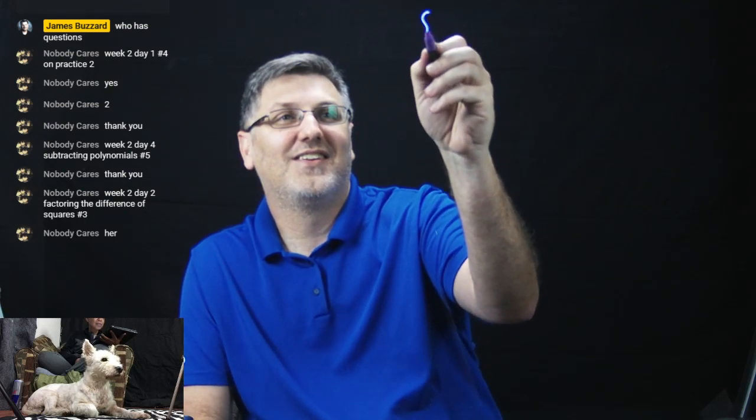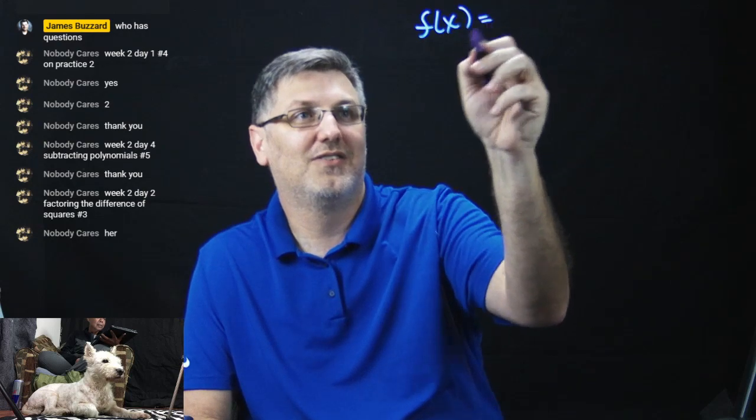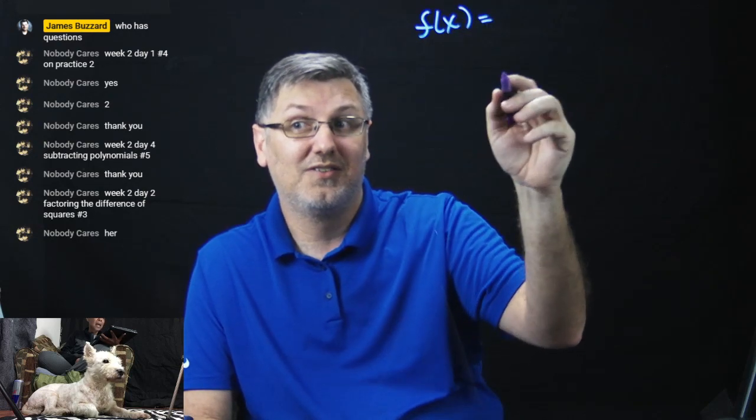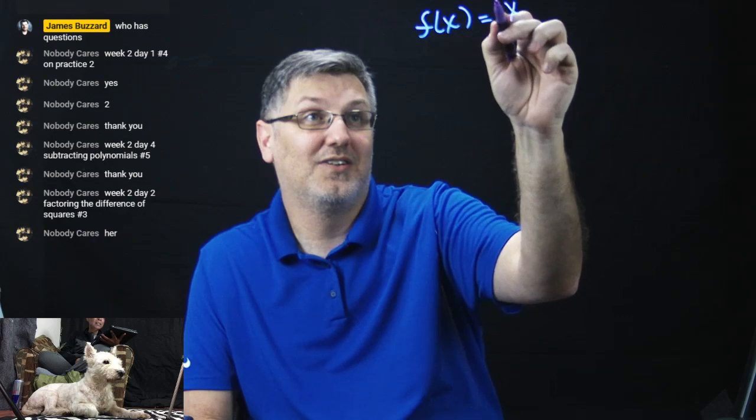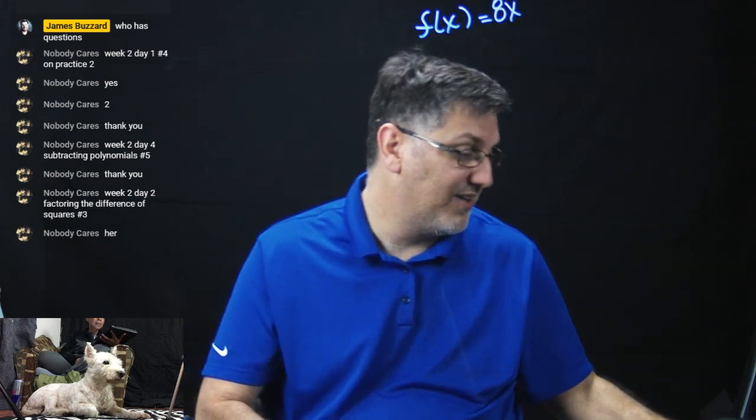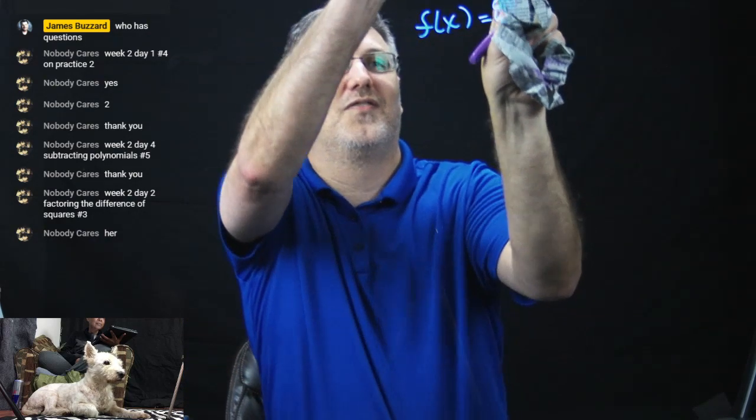Anyway, for f of x. It should be fun. Not that long. Okay. Right here is 8 plus x. 8 plus x? Yeah, sorry. Come on, learn to read math.